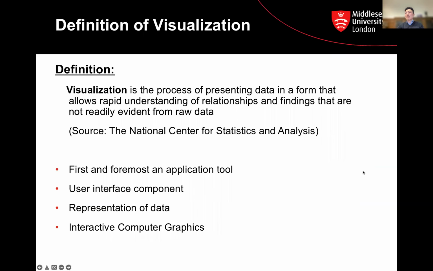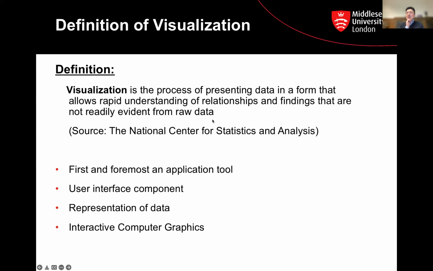This is one of the definitions of visualization, which is a bit different from the one used in the book we covered in the first section. It says visualization is the process of presenting data in a form that allows rapid understanding of relationships and findings that are not necessarily evident from raw data.